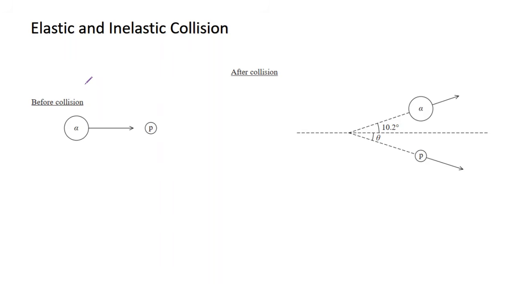So before moving on to circular motion, let's look at this. Let's say if this was an elastic collision, so you can clearly see kinetic energy of alpha before collision would be equal to kinetic energy of this alpha particle after collision plus kinetic energy of this proton after collision.